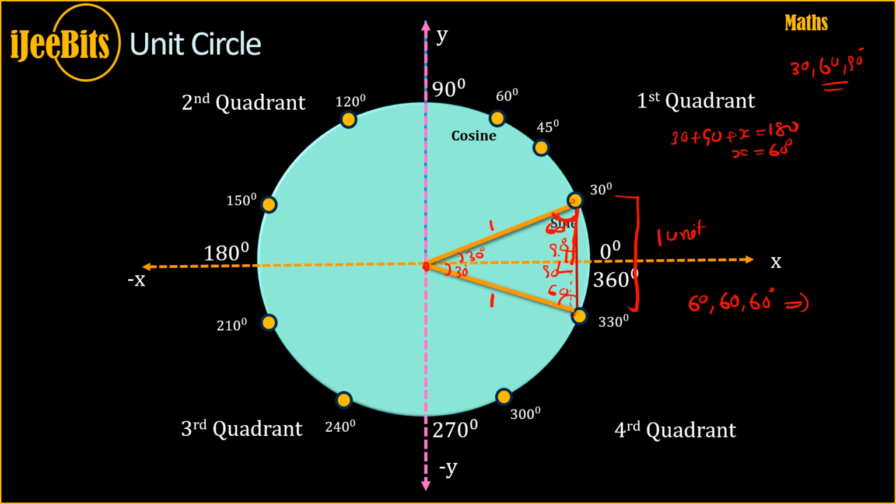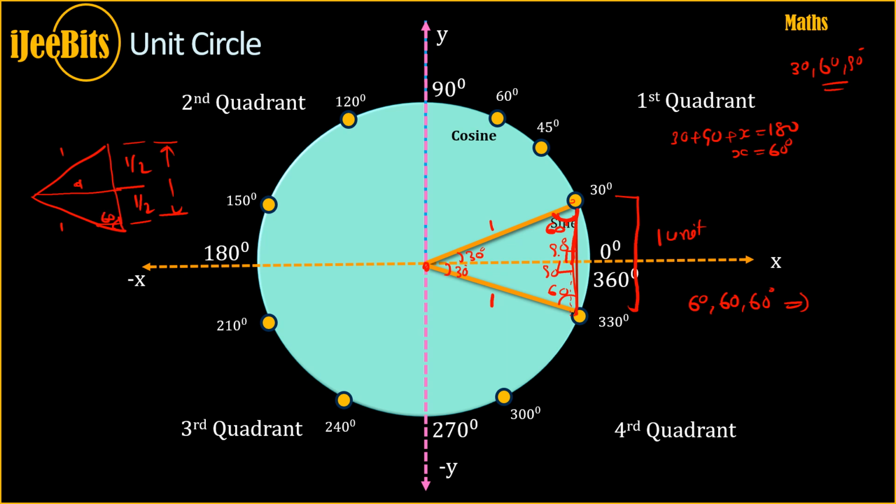This line is divided equally, bisected, by the x-axis, and hence the small portion, when the total is 1, would be 1 by 2. So the total is one unit, and each half is 1 by 2.